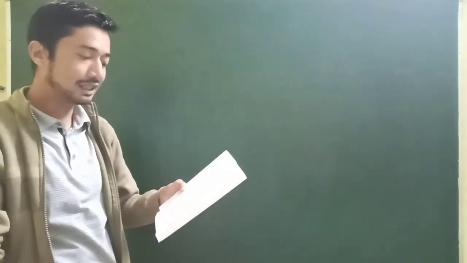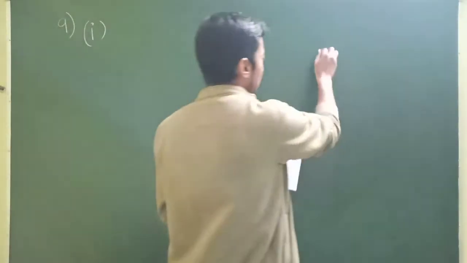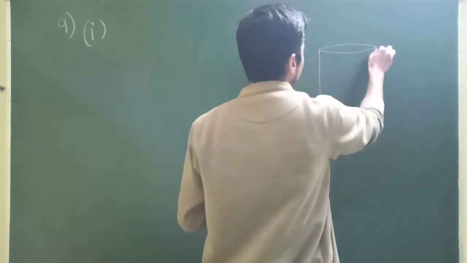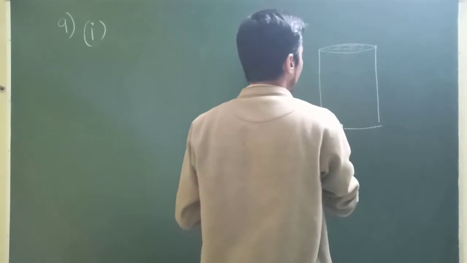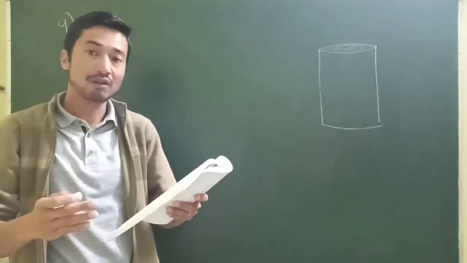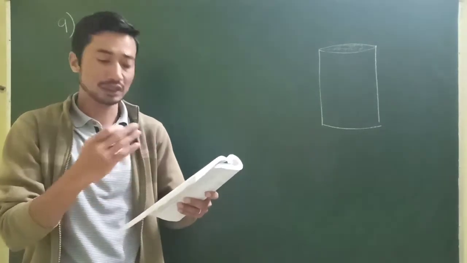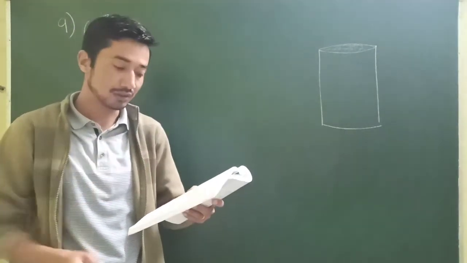Even though it is mentioned closed cylindrical petrol tank, since they are telling us to find the lateral or the curved surface area, the question is very clear here: curved surface area. So we'll stick to that only.